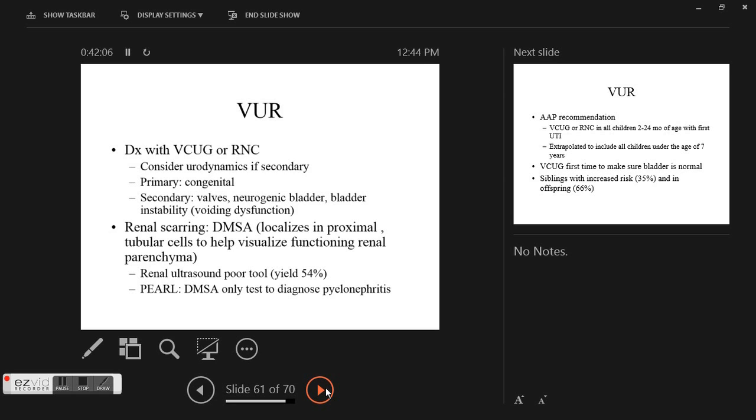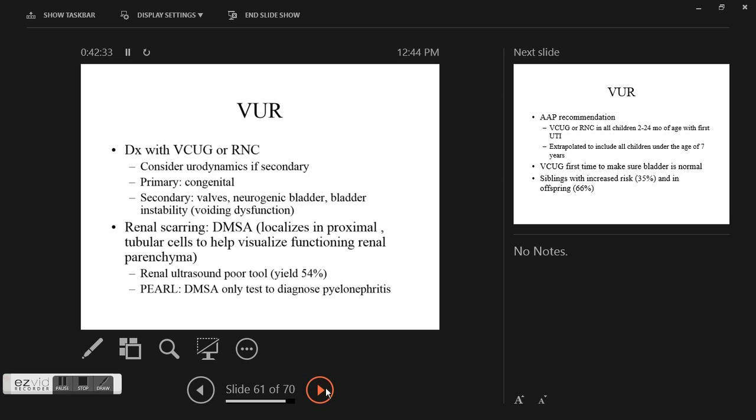The very first time you're looking for reflux, you will do a fluoroscopic voiding cystourethrogram. Does anybody know why? You won't do a radionuclide study the first time ever. The reason is that a radionuclide study is done by injecting a dye peripherally. With a VCUG, remember that you've got the bladder catheter in and you're filling the bladder.